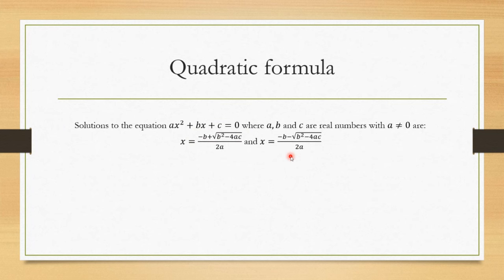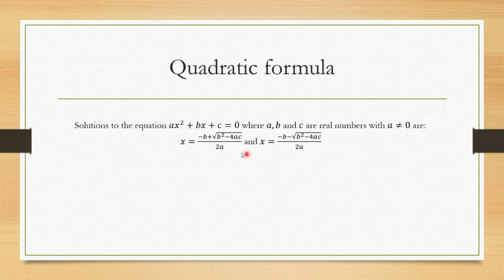Keep in mind, A, B, and C are numbers, so they're constants, and A is not 0. I've seen people in the past replace B here with B times X, so you would have X in this formula. Don't do that. A, B, and C are numbers.